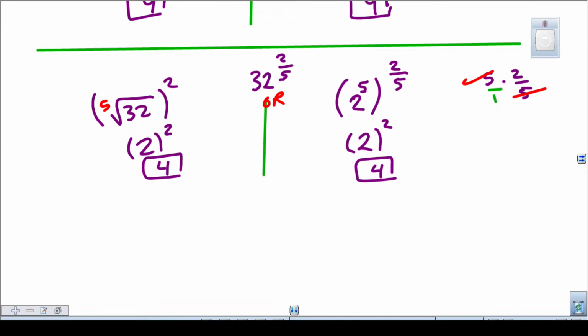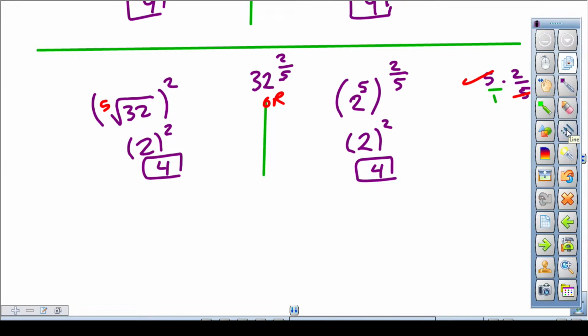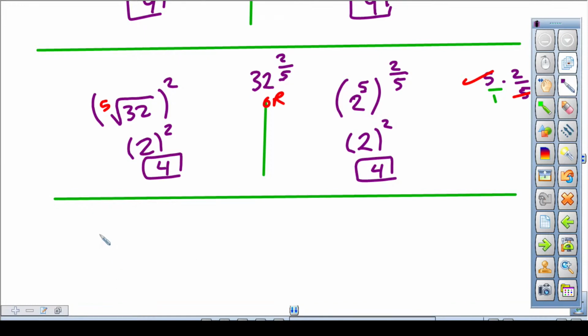Okay, now I'm going to move on to something else, which is almost the same idea, but a different example. Let me start with this one here. Keep track of examples, you guys. Keep track of the example numbers as well.